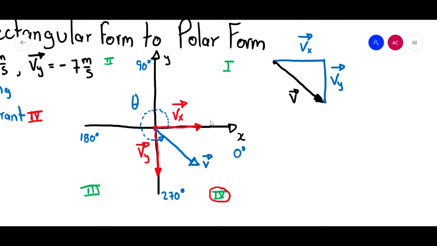The first thing that I'm going to find is the magnitude of the vector. I don't know if I already gave you the formula to find it. If you see, this is a right triangle, so we can use Pythagoras to find the value of the hypotenuse. So the magnitude of the vector equals the square root of bx squared plus by squared.